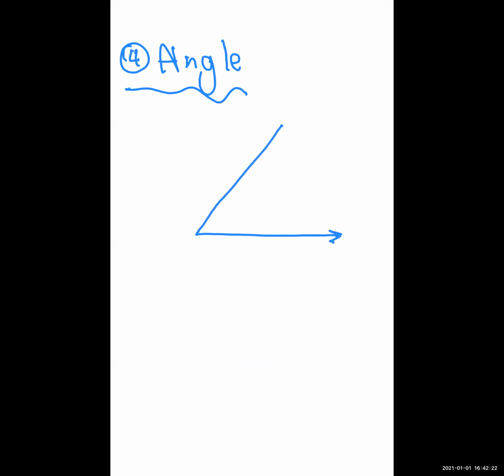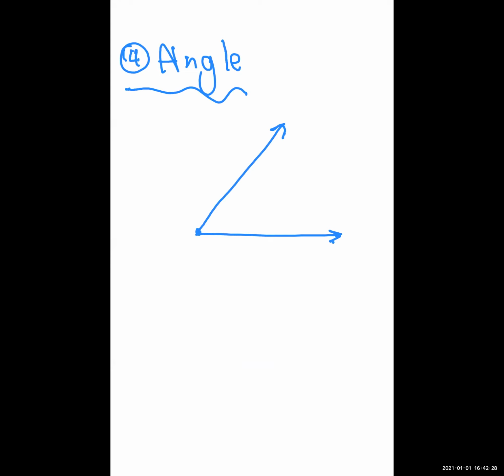Number 4, the angle. What is the definition of the angle, guys? Actually, the angle is a union of two rays with the same starting point. This means this one is a ray and this one is another ray, like this, with the same starting point, as I said.